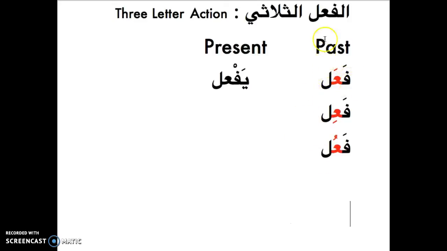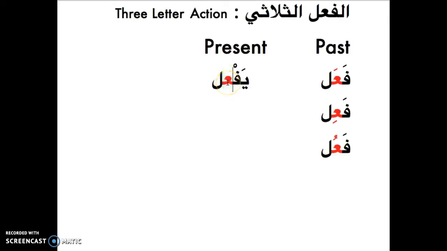All right, so we left this one without any moves, the lam, and also this lam, because it's the last letter. We're going to leave it without any moves until it gets into a sentence and gets a move, right? So it has to do with the i'rab, which leaves us with this one. This one is the one that's going to have variation.